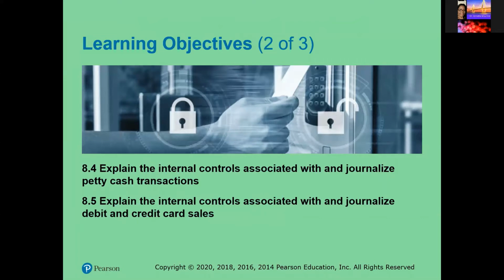Learning objective number 4. Explain the internal controls associated with and journalize petty cash transactions. 5. Explain the internal controls associated with and journalize debit and credit card sales.